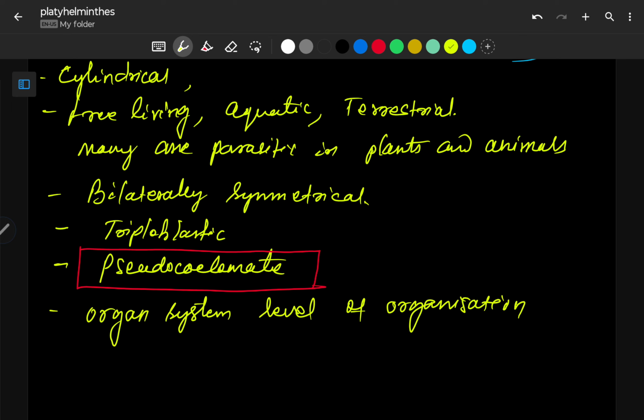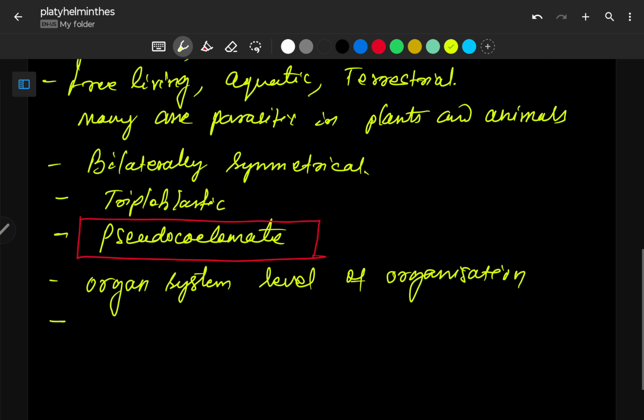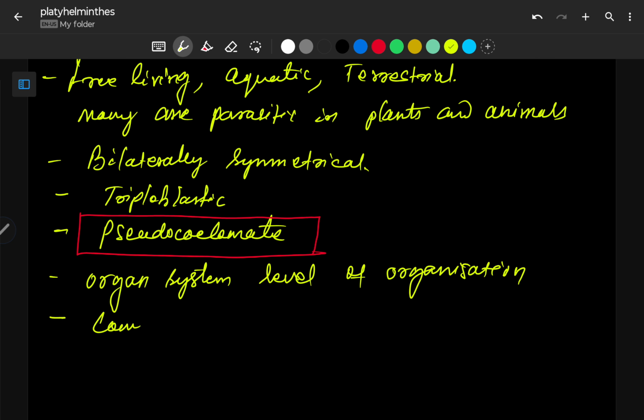Now here the digestive system is well developed. So this is, for the first time, remember, a complete alimentary canal.